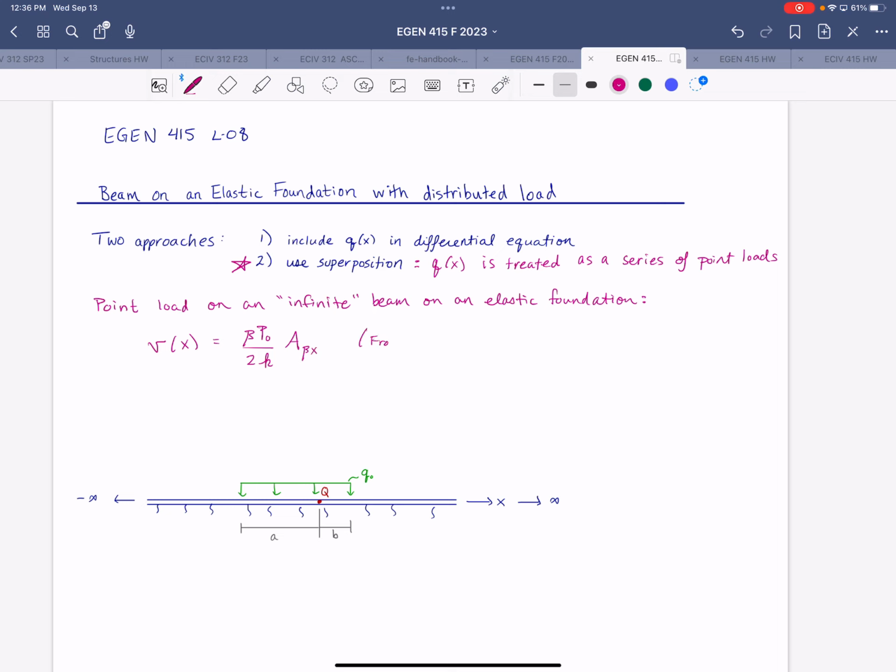And this is from figure 31.2. I'll point it out again in a moment.